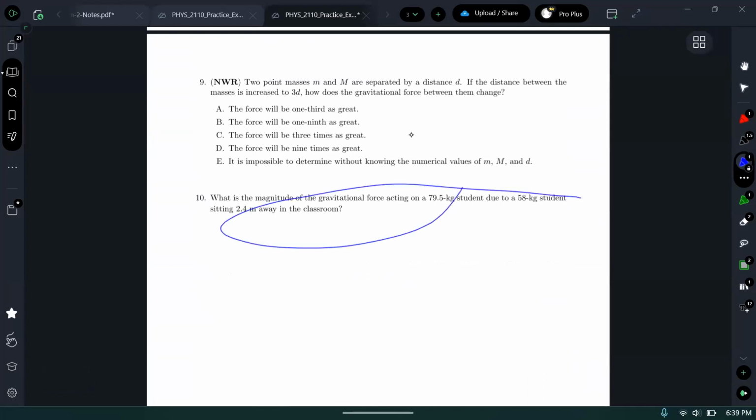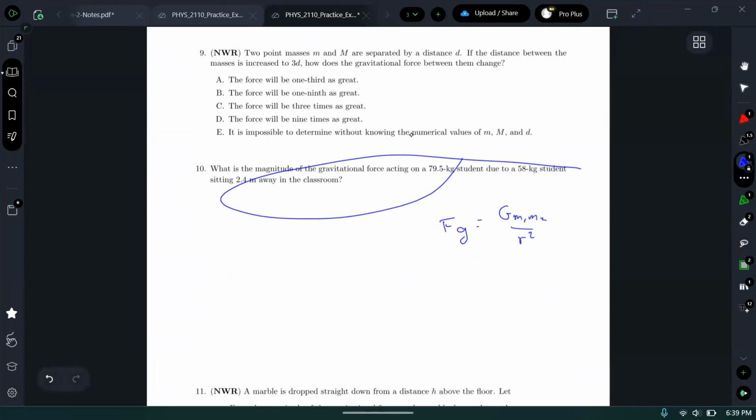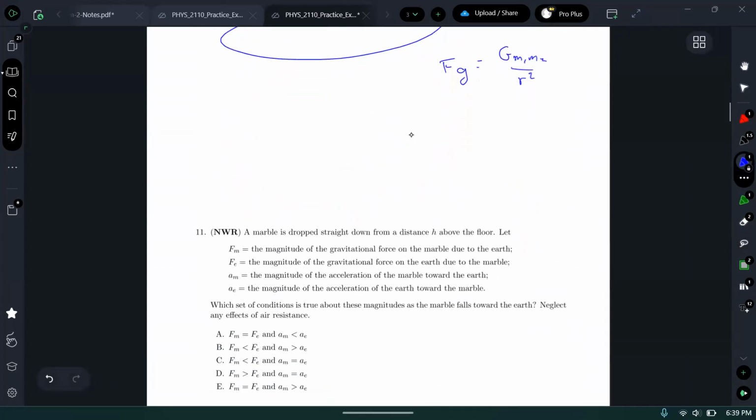So this is the kind where I was talking about you're going to need to take a step back to this version, or M1, M2 would be kind of how we write it generically over R squared, because this is not asking about the force between someone and the earth. It's asking about the force between two people.